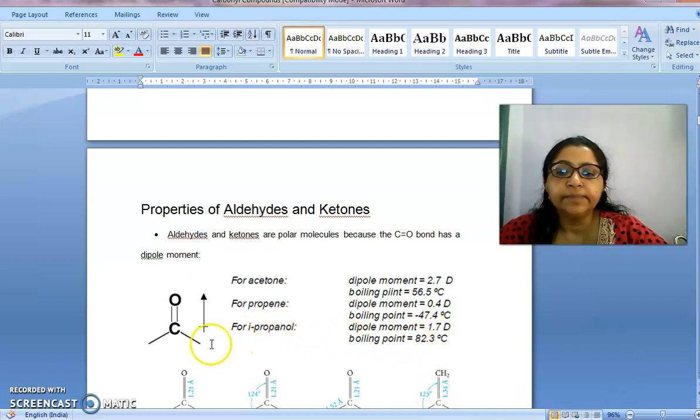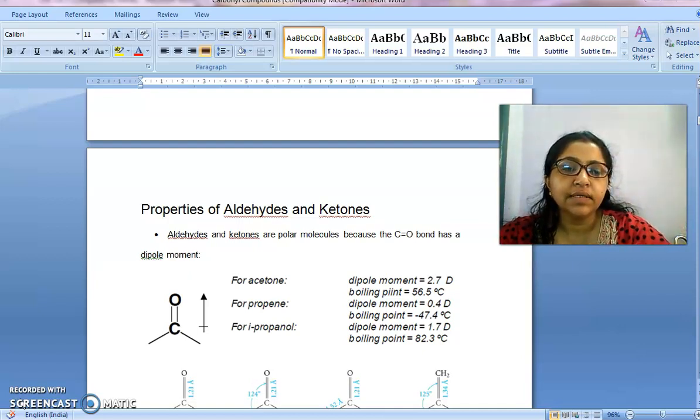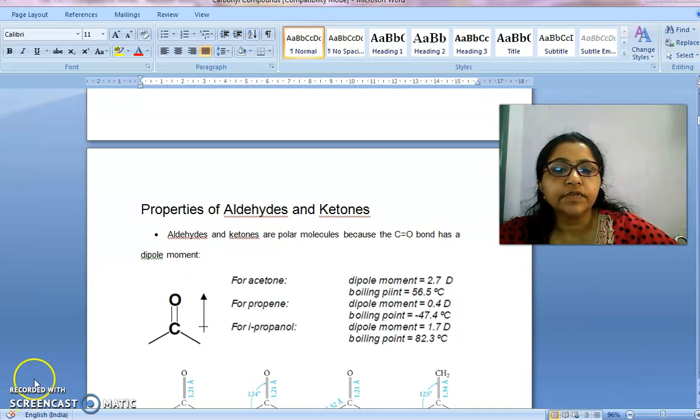If you look into the structure of isopropanol, you will find the carbon is bonded to one oxygen via a sigma bond, and the oxygen is bonded to a hydrogen. So this is capable of forming hydrogen bonding, and a large number of isopropanol molecules associate with each other, forming hydrogen bonds.